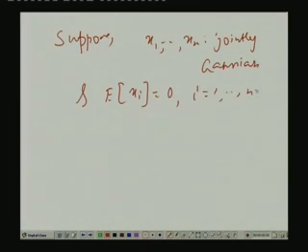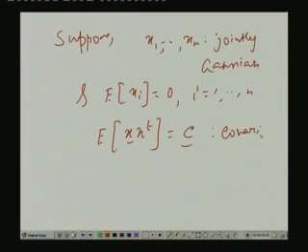That is, each has 0 mean, and E of this vector x x transpose, which is in this case the covariance matrix, is C. Normally in the case of covariance computation, we first subtract the mean from each random variable, but the mean here is 0, right. So, we simply take x vector times x transpose. You remember we have done this earlier, this is a symmetric matrix, Hermitian matrix.